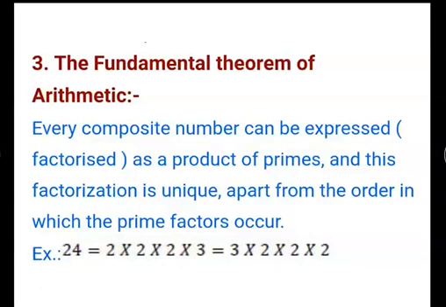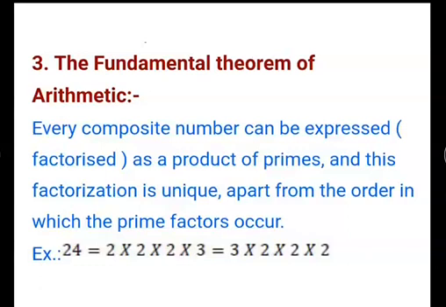For example, if 24 is given, you can write 24 equals 2 into 2 into 2 into 3, or you can write 3 into 2 into 2 into 2. Here you can see that in the prime factorization of 24 we use 2 three times and 3 one time. In both places it is 2 three times and 3 one time.